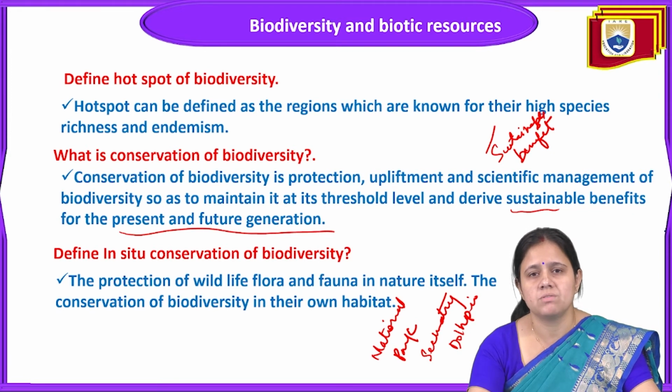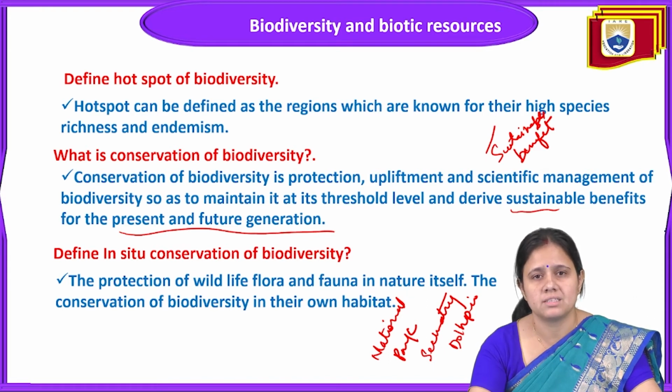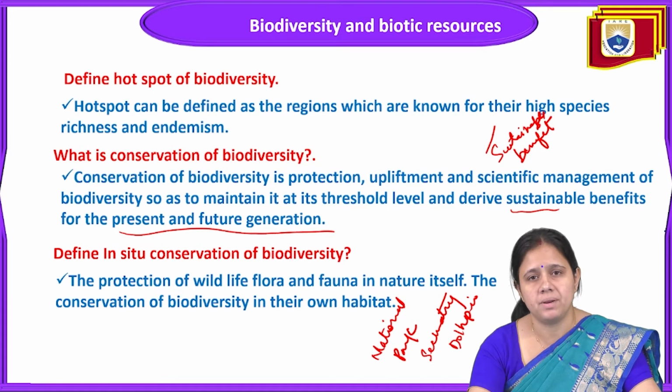Conservation of biodiversity is very important, because without conservation we will not get sustainable benefit from biodiversity. We will only get sustainable benefit if we conserve it and uplift it for our future generation. India has a very rich biodiversity, with high endemism, high richness, and more variability, and the extinction rate is also high.